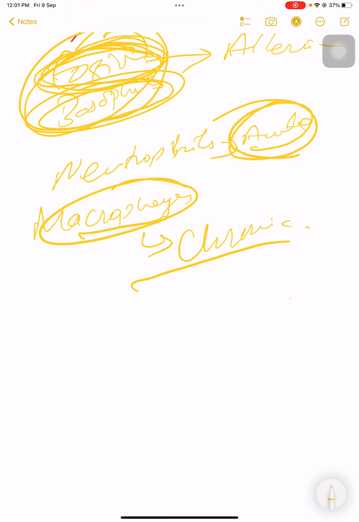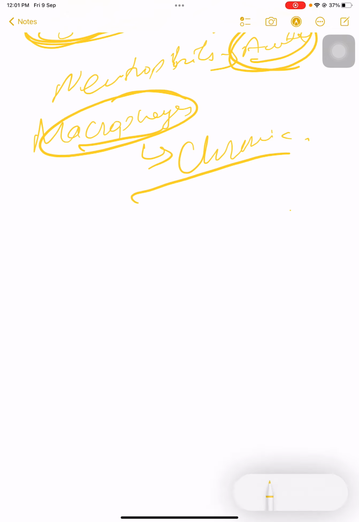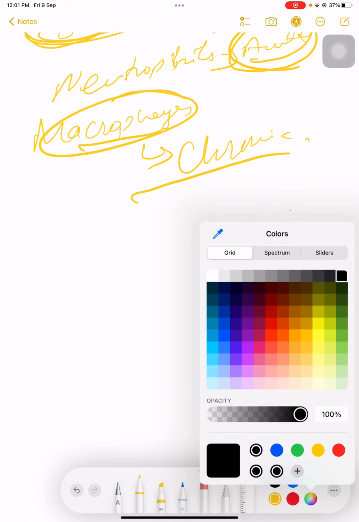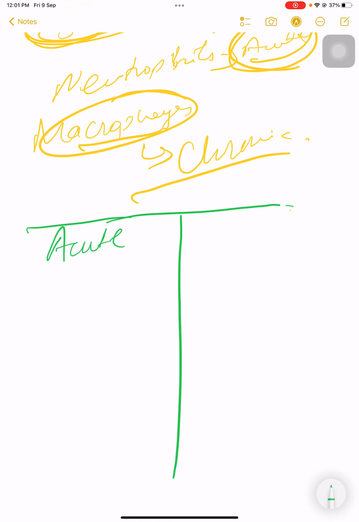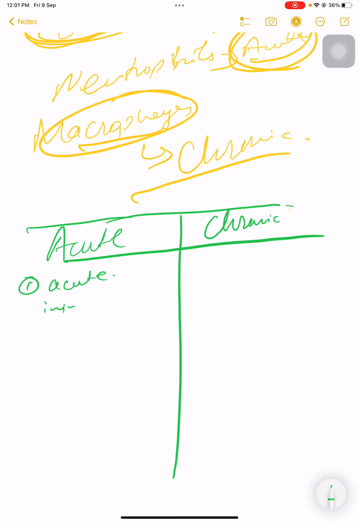Now I've talked about acute and chronic. You might have a question, so what is this acute and chronic? We have two entities. Acute is acute in onset. That means as soon as the injury occurs, you will have an inflammation, and that will subside.